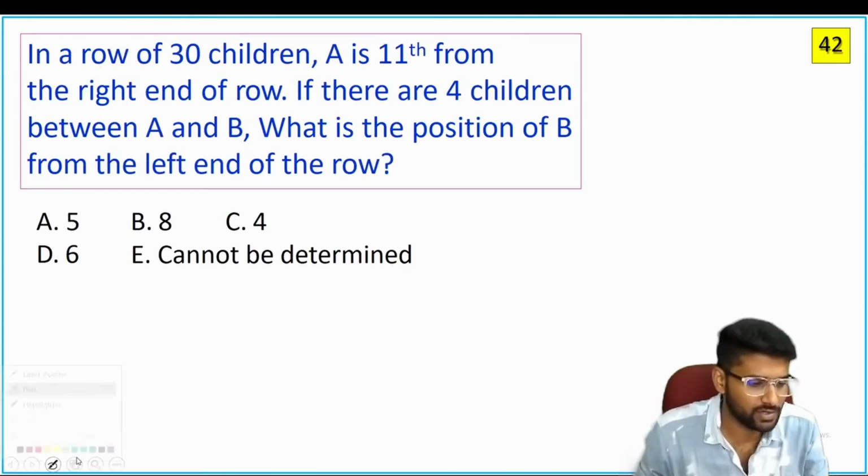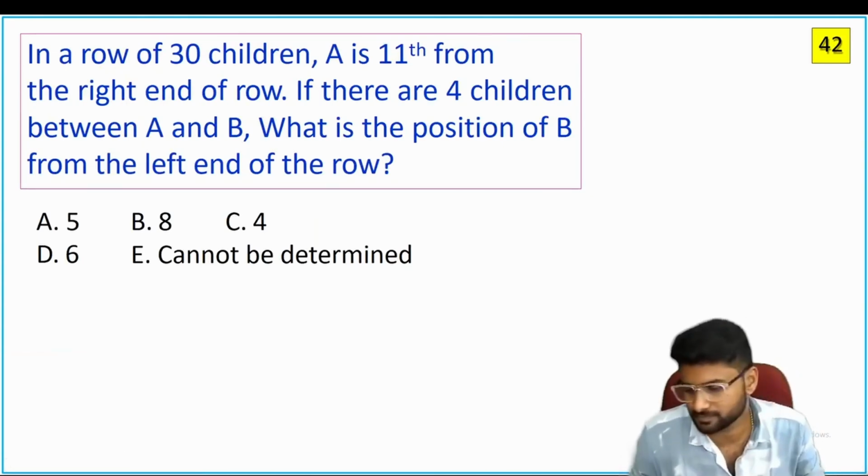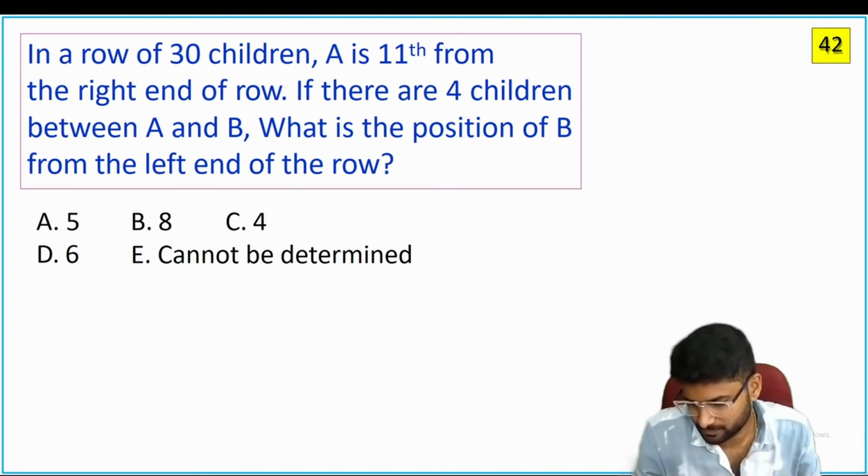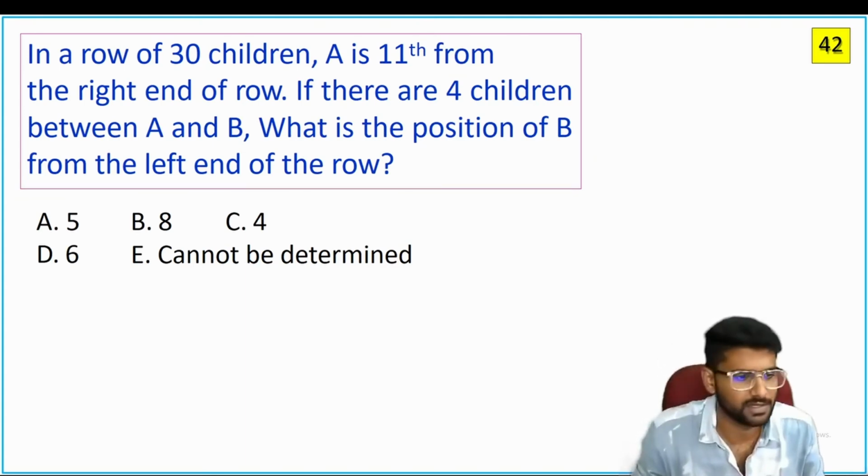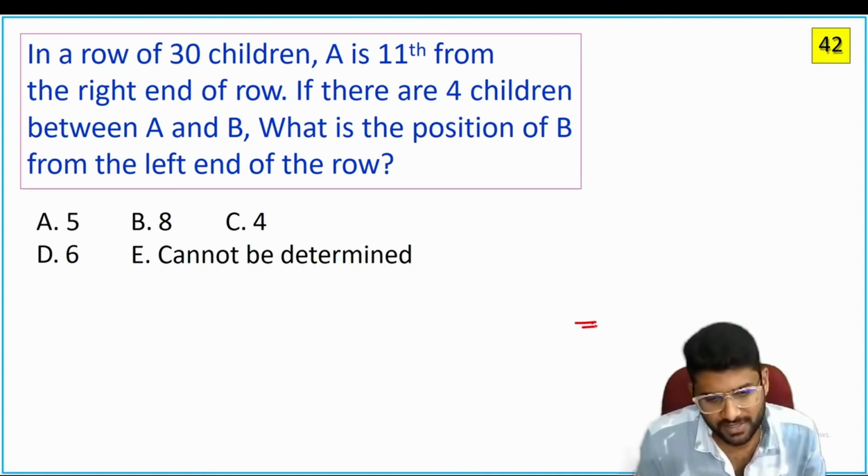Now, a question from the ranking concept. See, in a row of 30 children, they clearly mention that in a row there are 30 children in total.